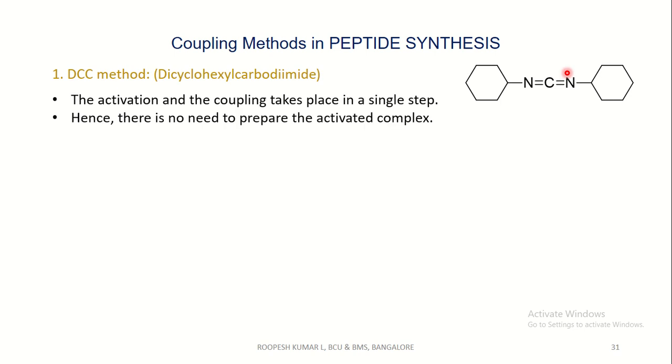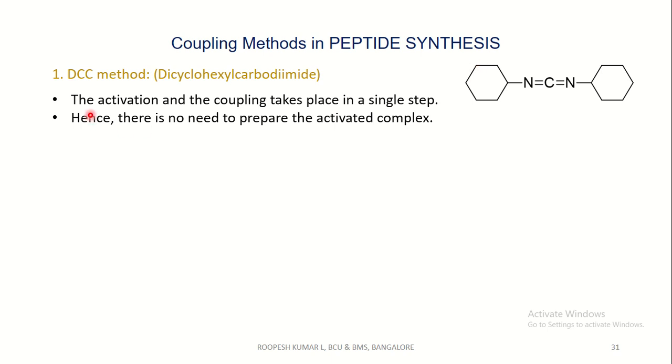Sheehan and Hess in 1955 introduced the carbodiimides, particularly this dicyclohexylcarbodiimide, that is DCC, as reagents for the formation of the peptide bond, which was a major event in the history of peptide synthesis.